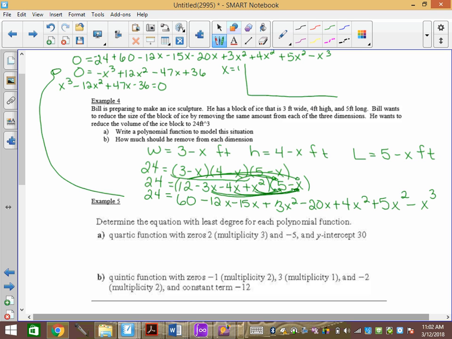And then we have, make sure we can count down, which we can. And we have 1, negative 12, 47, negative 36. Drops 1. 1 times 1 is 1. Negative 11. Is this going to work out? Yep.